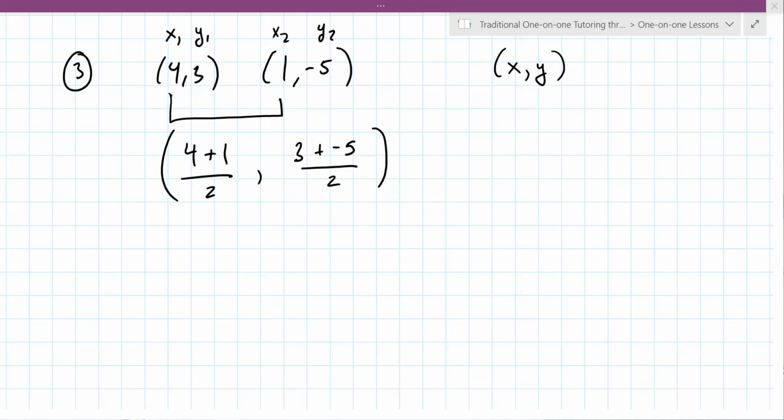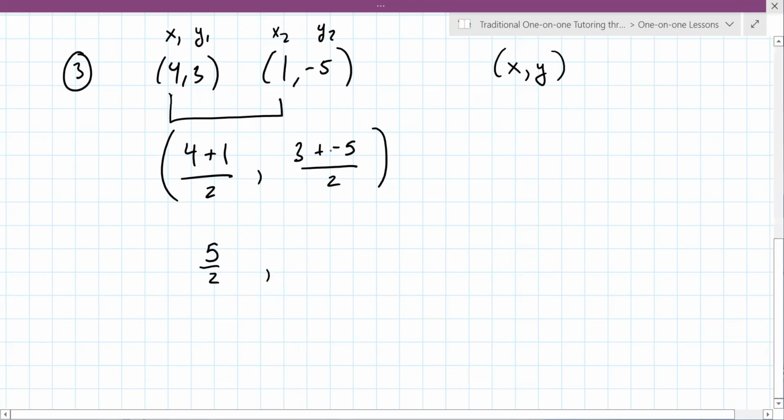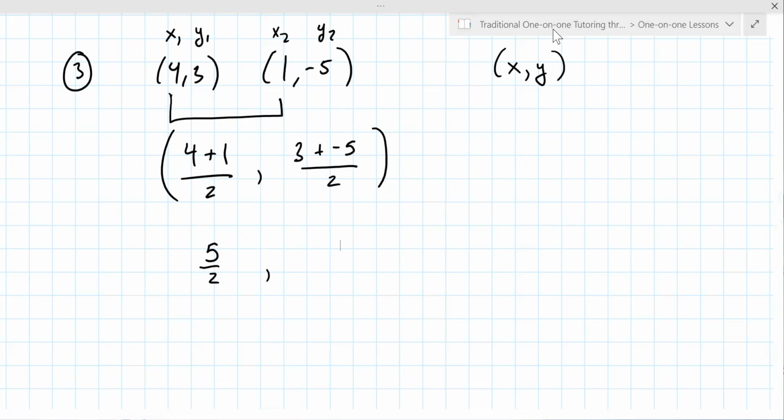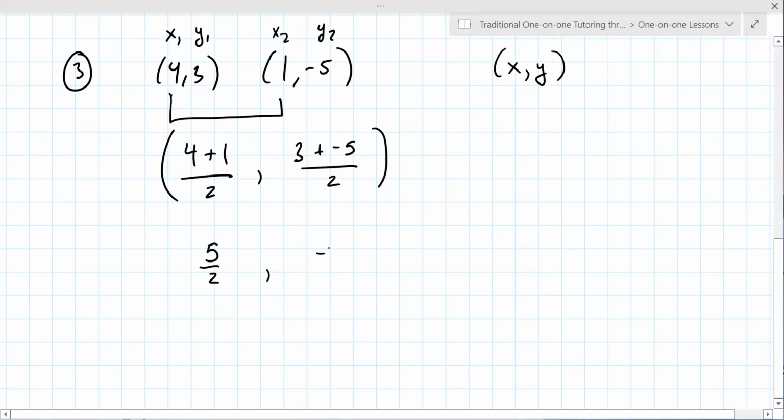So what do these reduce to? Honestly, I'm still kind of confused. Okay, what is 4 plus 1? 5. So it's 5 divided by 2. And on the right, 3 plus -5. What is that? -2. -2 divided by 2.